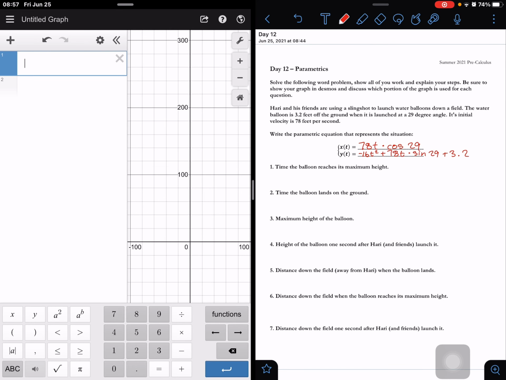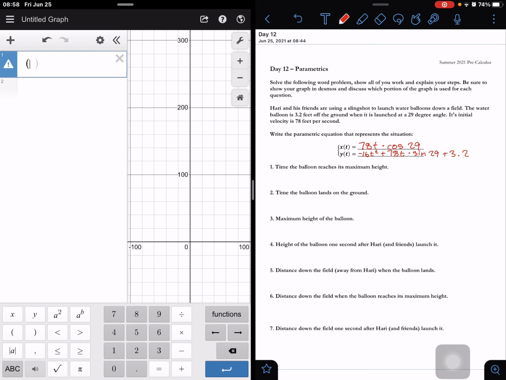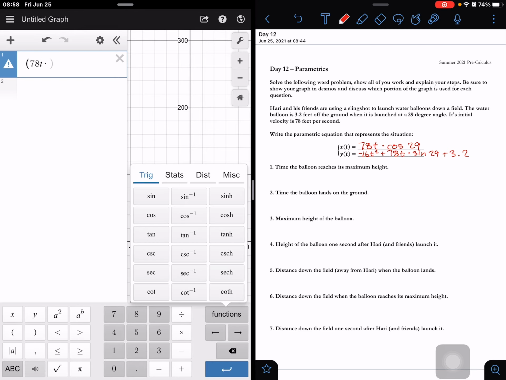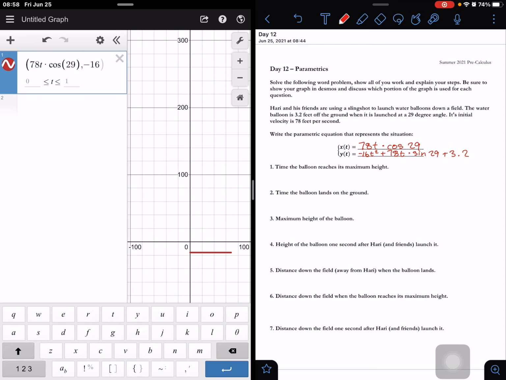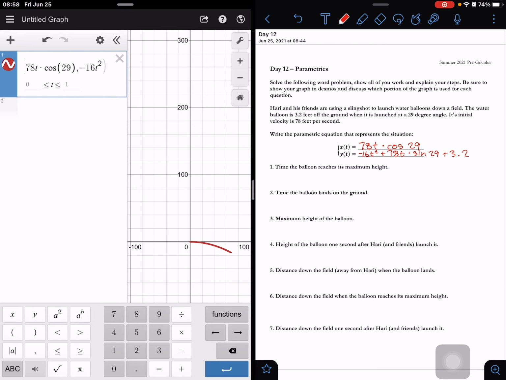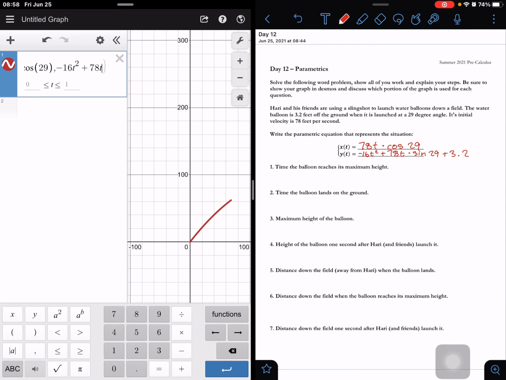So let's graph this parametric equation first. I have to make sure that we're in degrees and not radians. So we're going to have 78t times cosine of 29, comma, -16t squared plus 78t times sine of 29 plus 3.2.